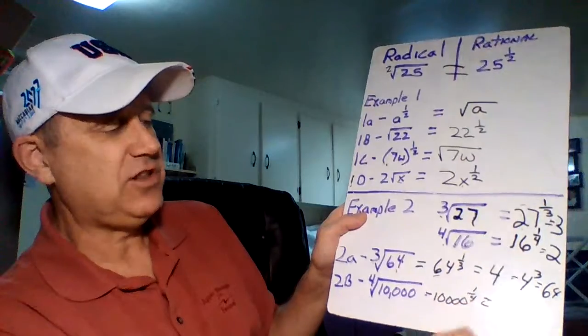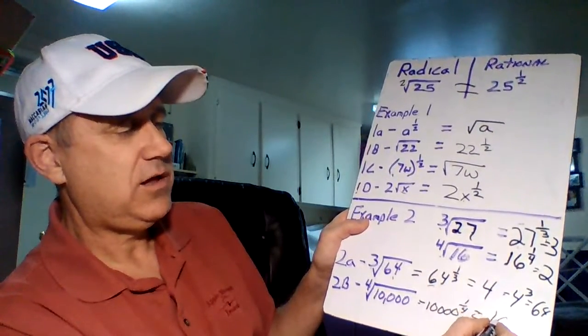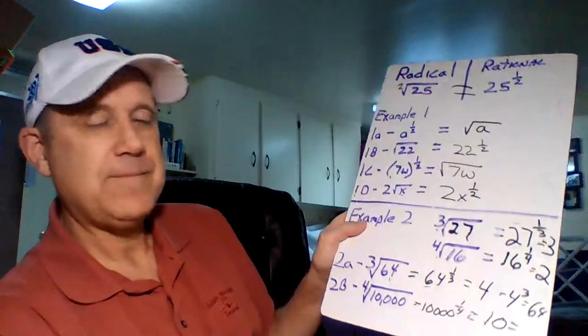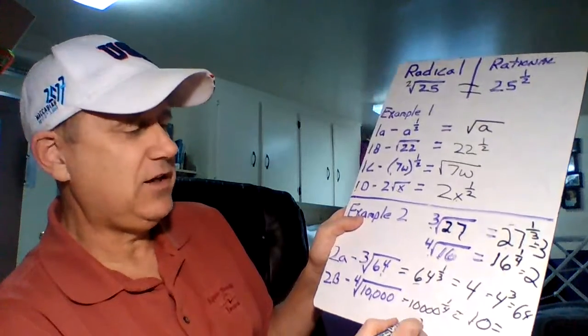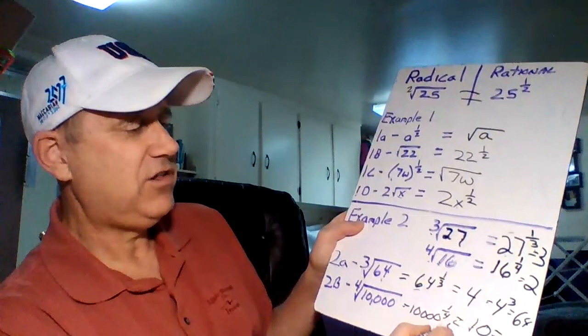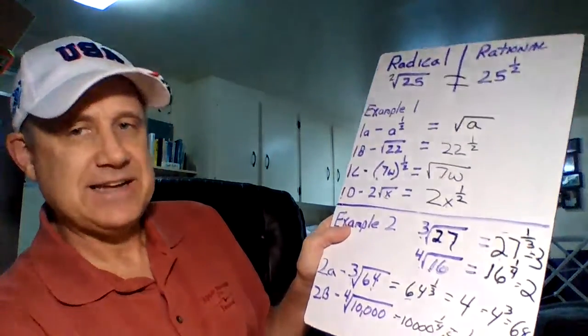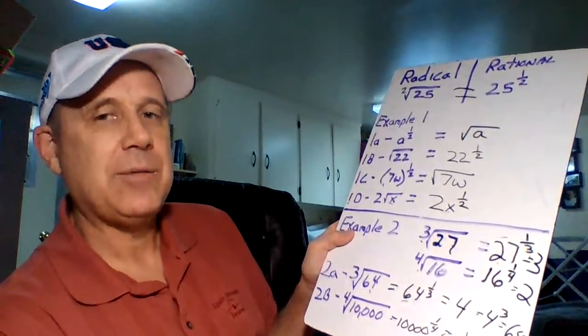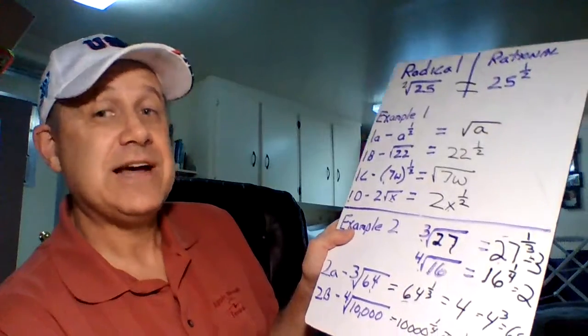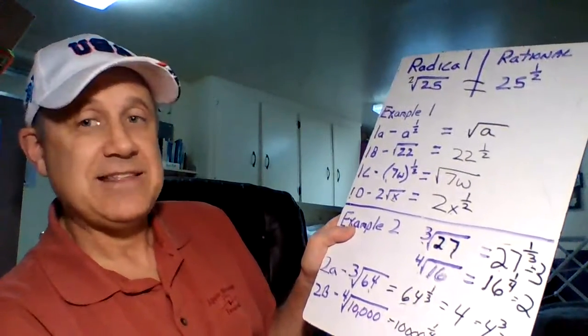So 10,000 to the 1/4, that answer's 10. Because 10 to the 4th equals 10,000. 10 times 10 is 100, times 10 is 1,000, times 10 is 10,000.